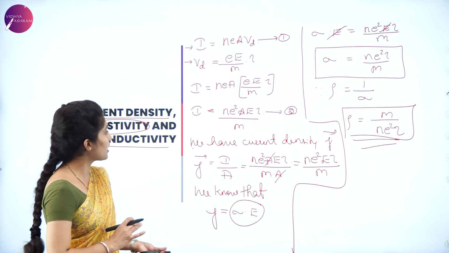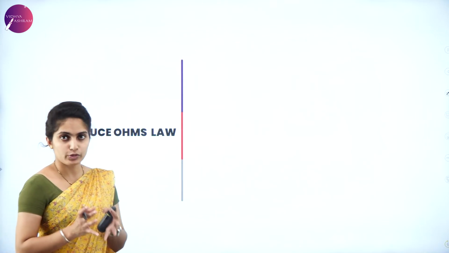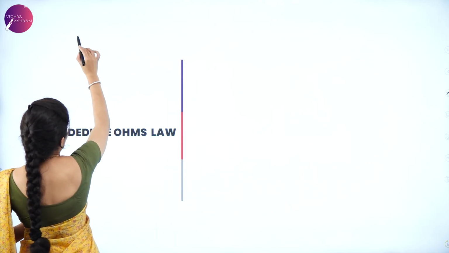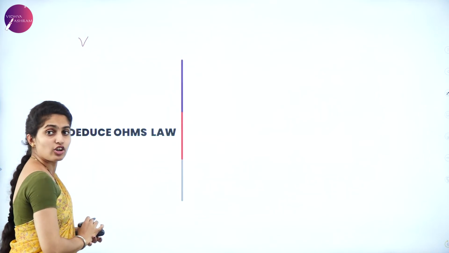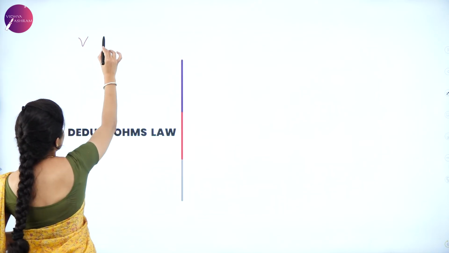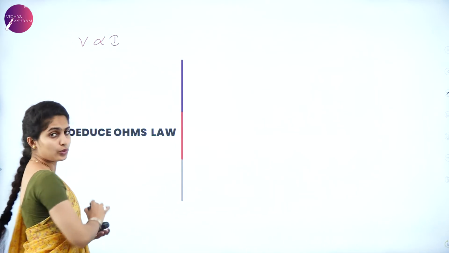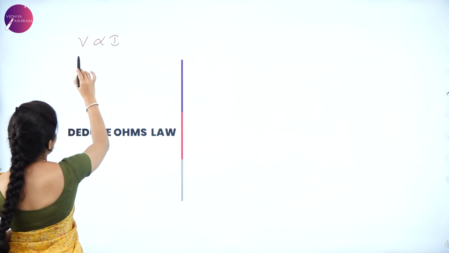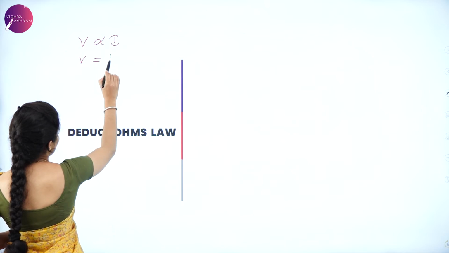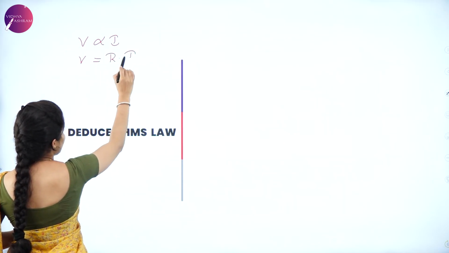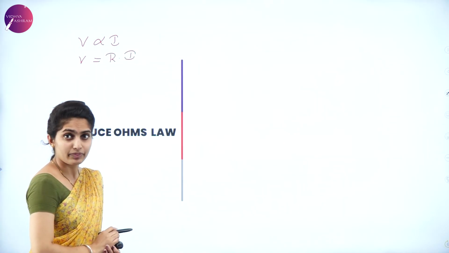Okay. Next, coming to deducing Ohm's law. We know that Ohm's law says the potential difference across the ends of the conductor is directly proportional to the current through it. So when you remove the proportionality constant, you get V equal to resistance R into I. Correct?